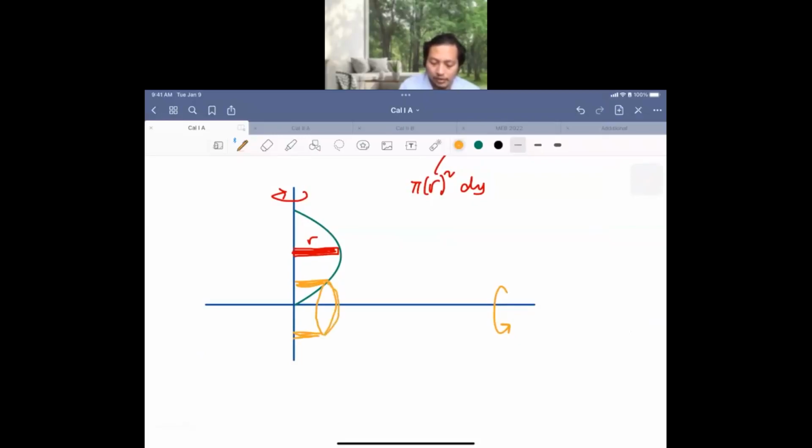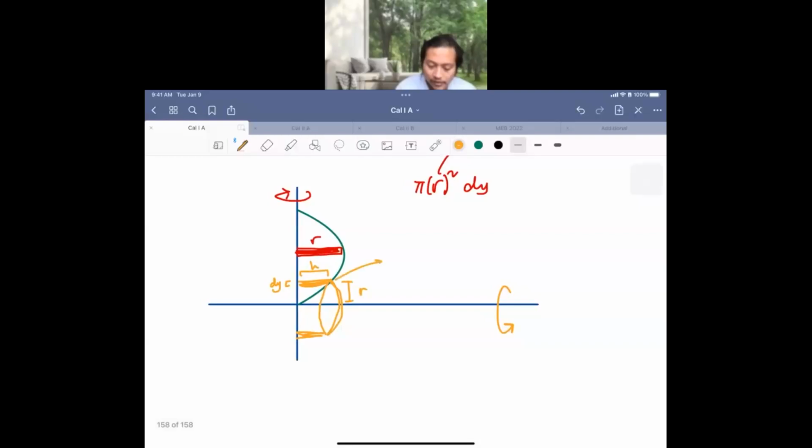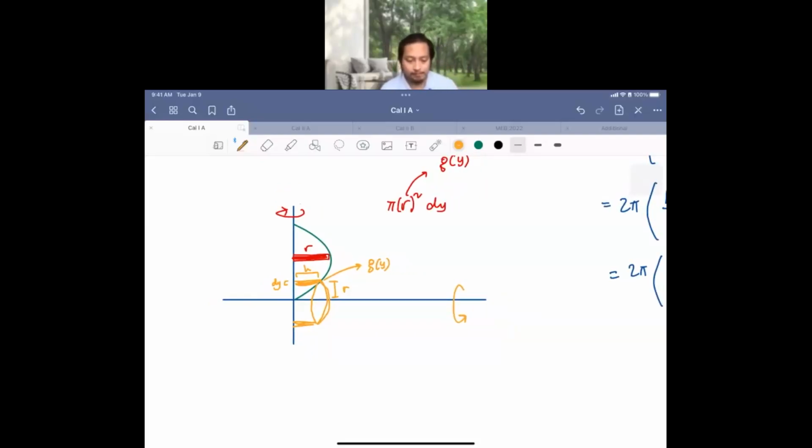This will be the radius, and this will be the height. Height and radius are based on the curve, so you need to confirm with the curve what kind of variables it has. I believe this could be resolved through a variable of y, because this rectangle is dy. So we could have a function of y. And for r, it's best to look at this as a curve. So suppose this is g of y, so g of y is our r. I hope you get the idea.